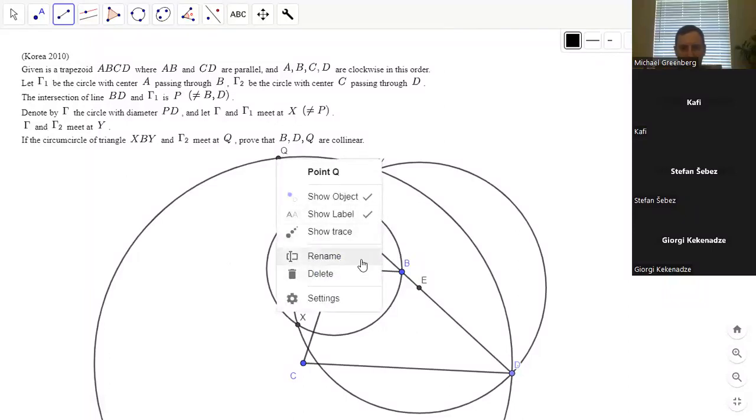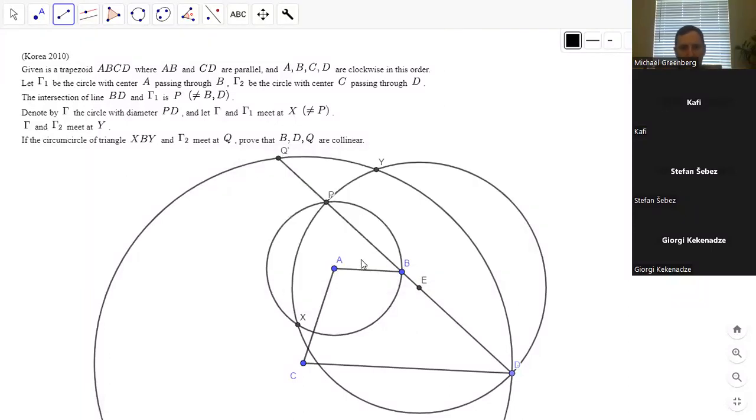And then we want to show XBYQ prime is cyclic. We need to use that this is a diameter, so angle PXD is 90 and PYD is 90. So maybe it's worth drawing those in.